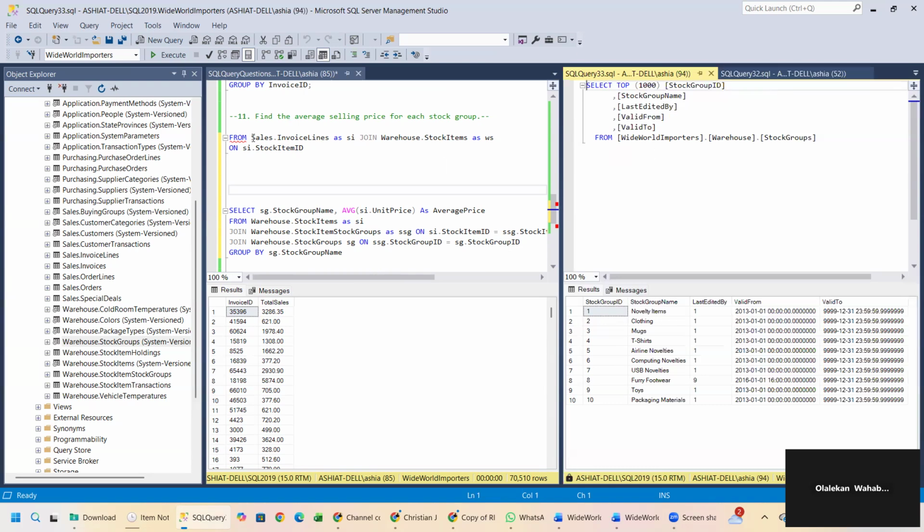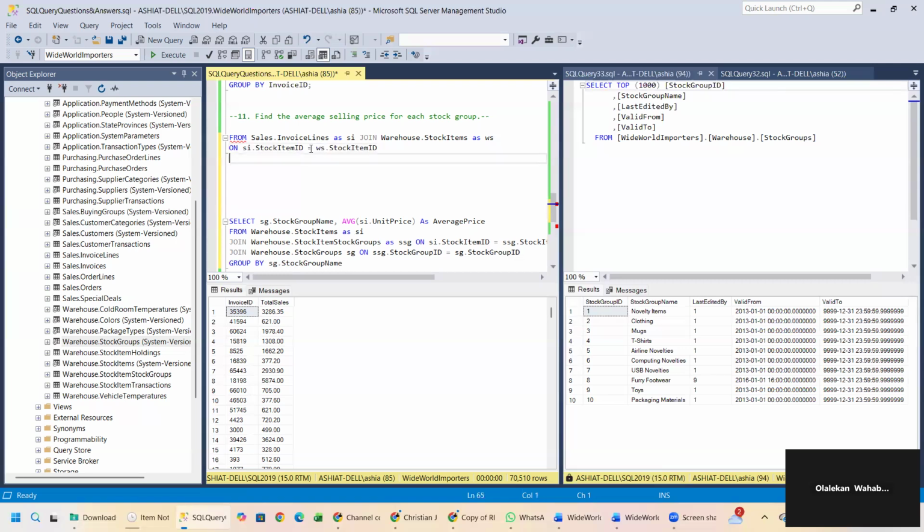So now, yesterday we said we should start from sales.invoice line as C. We should join with stock item as WS on C.stock item ID equal to WS.stock item ID. And we need another join to join the stock groups.